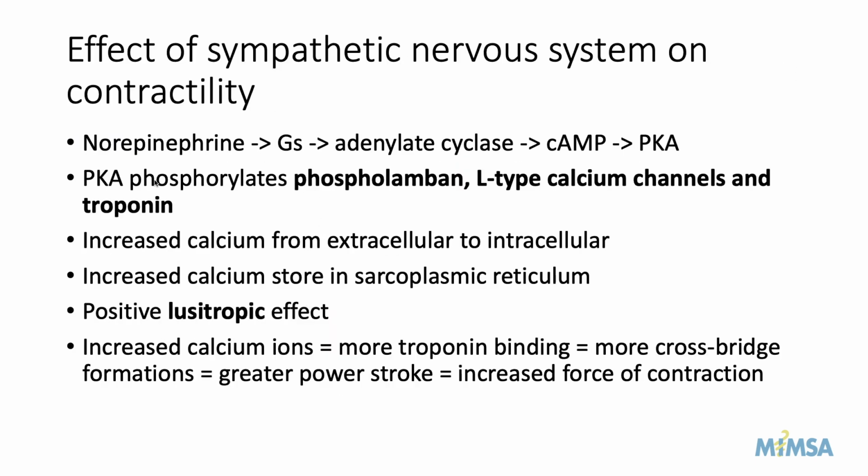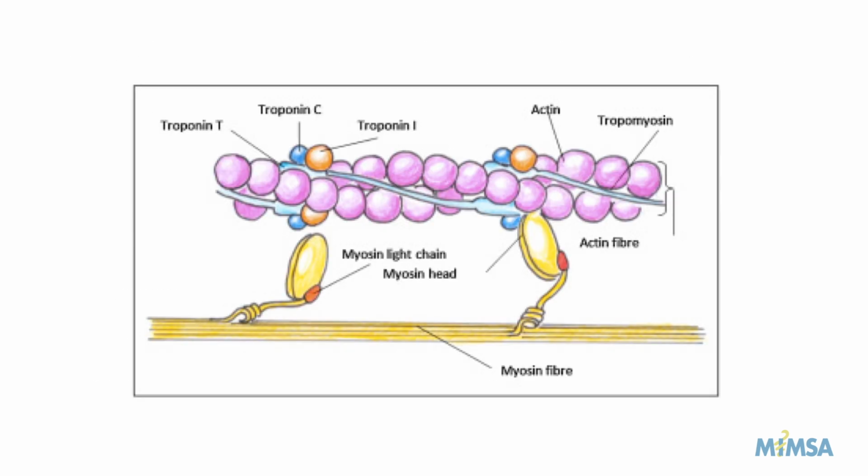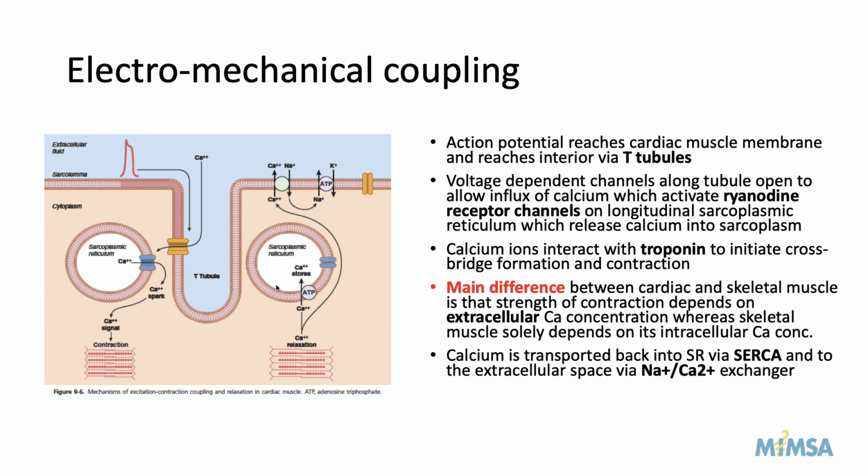Protein kinase A, via sympathetic nervous system stimulation, phosphorylates phospholamban, meaning that these channels will remain open. So it basically inhibits the inhibitor. That means more of these channels will be open, so more calcium will be able to be pumped into the sarcoplasmic reticulum, and that increases the calcium concentration inside it.